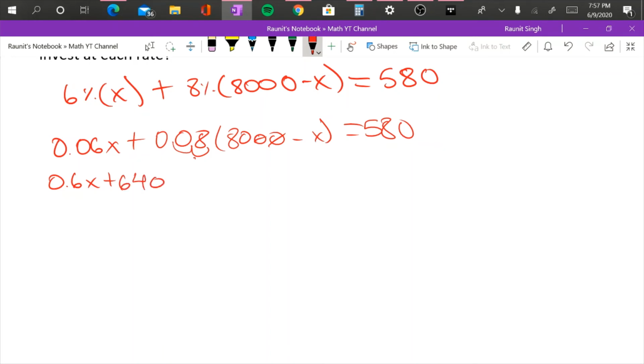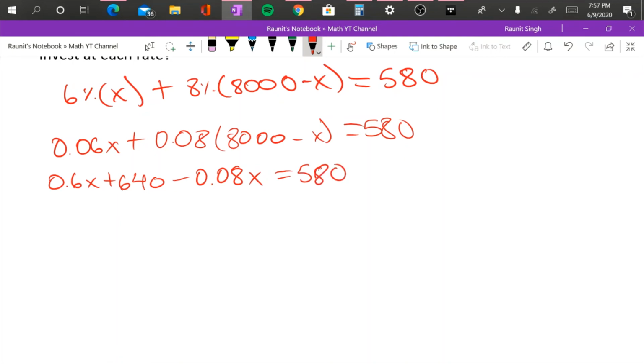So you get 640, and then you're going to do subtraction because it's a subtraction sign in there. Addition times subtraction is subtraction. And you're going to get 0.08x is equal to 580.